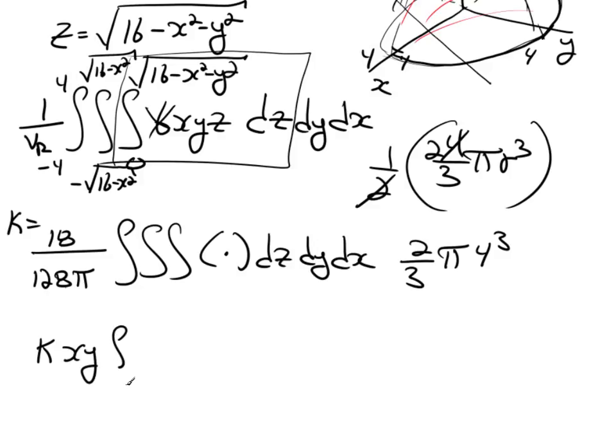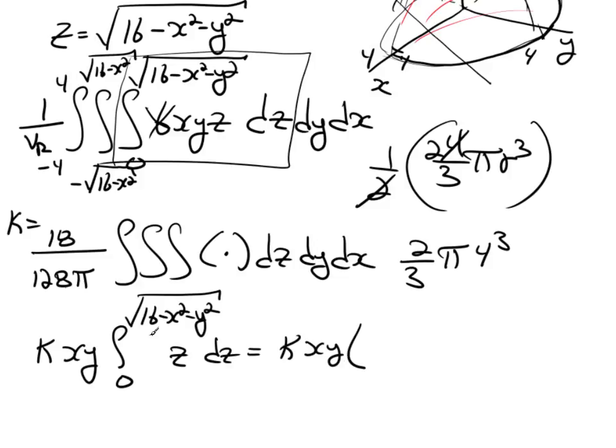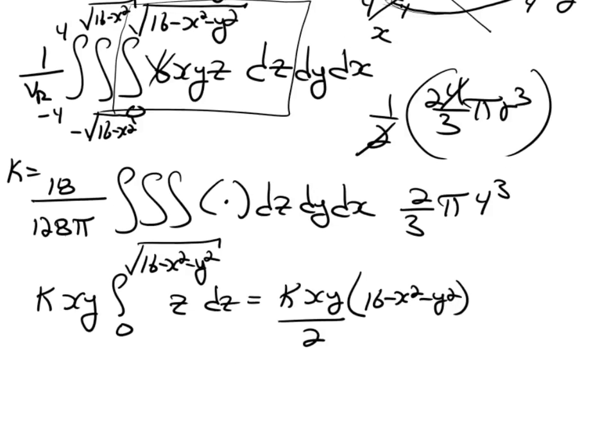I have the integral from 0 to the square root of 16 minus x squared minus y squared of z dz, which is going to be that constant k times xy times, I have a 2 here to worry about because it's z squared over 2. So it's just going to be 16 minus x squared minus y squared. Okay, that's what I now need to integrate.